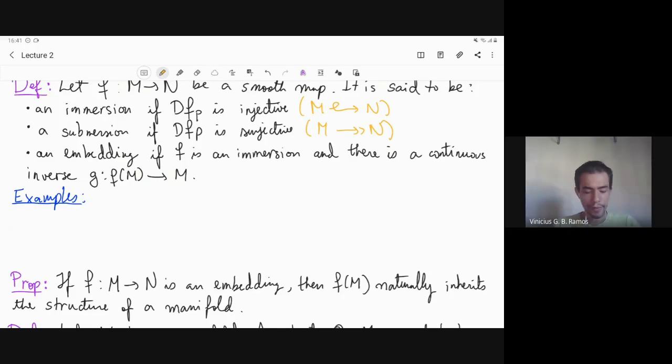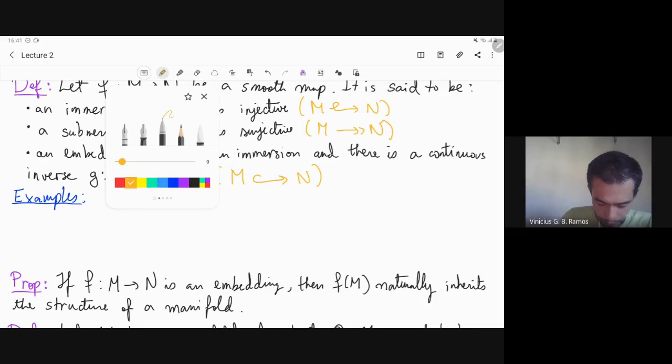And then I guess the most important one is an embedding. So an embedding is an immersion which is also a homeomorphism onto its image. So in other words, it's an immersion and there is a continuous inverse. And in this case, we write it like this: M embeds into N. Okay, so let me just write down what I said.